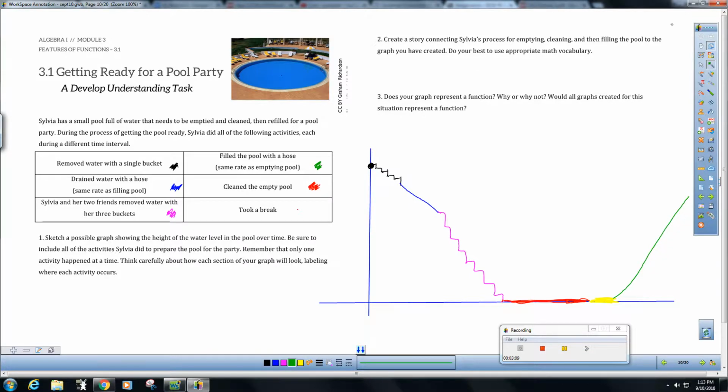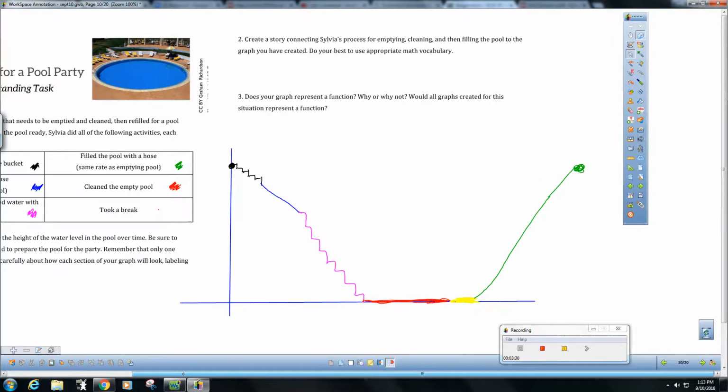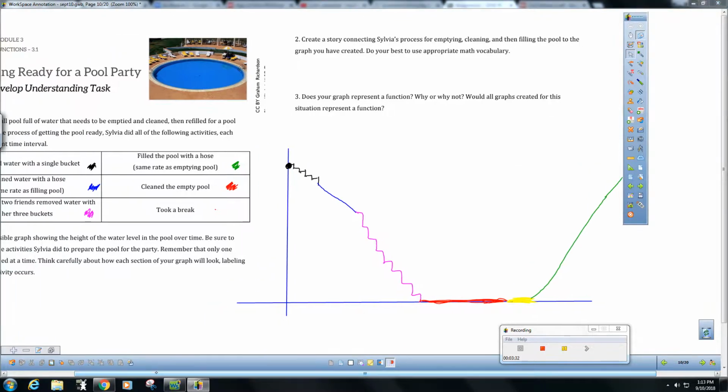Until, let me move this, until when they were finished, the level of water in the pool was the exact same. Okay. So now let me take this and see if I can grab that. And that's kind of an idea.